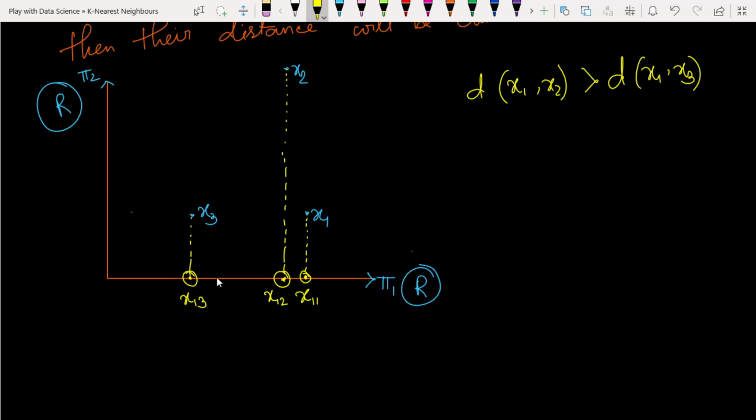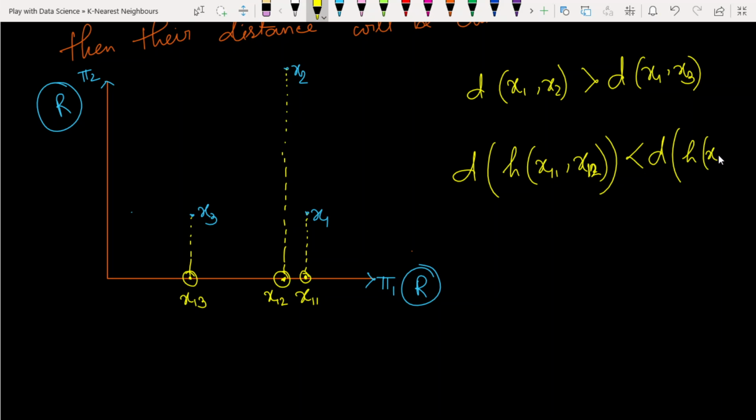Here is the main problem: the distance of the hash values of x11 and x12 is much lower than the distance of x11 and x13. This is the main major issue.